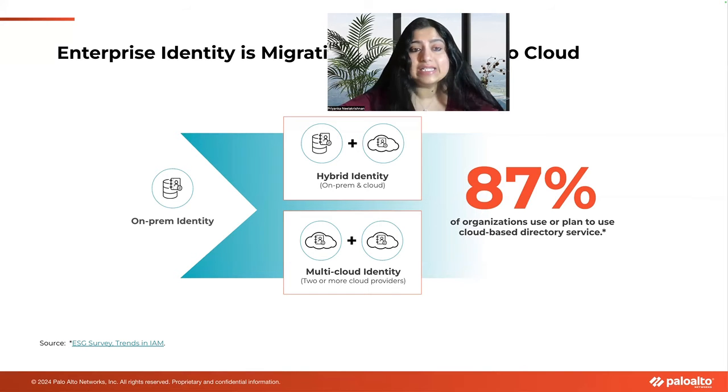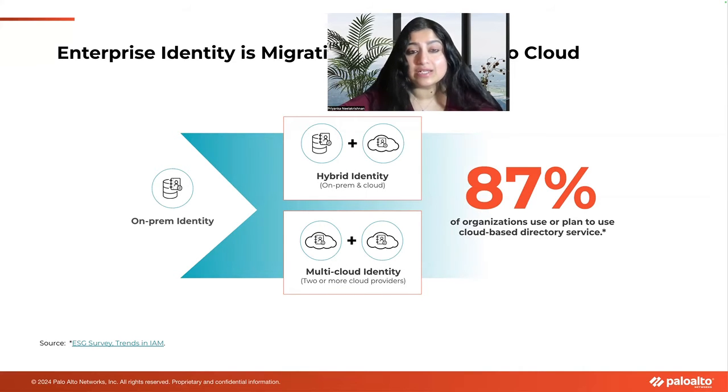Number five, integration challenges. Everyone is talking about zero trust. Customers want to implement zero trust in their enterprise. But integrating diverse identity sources to their diverse security solutions and establishing trust relationships between them is complex and time consuming.